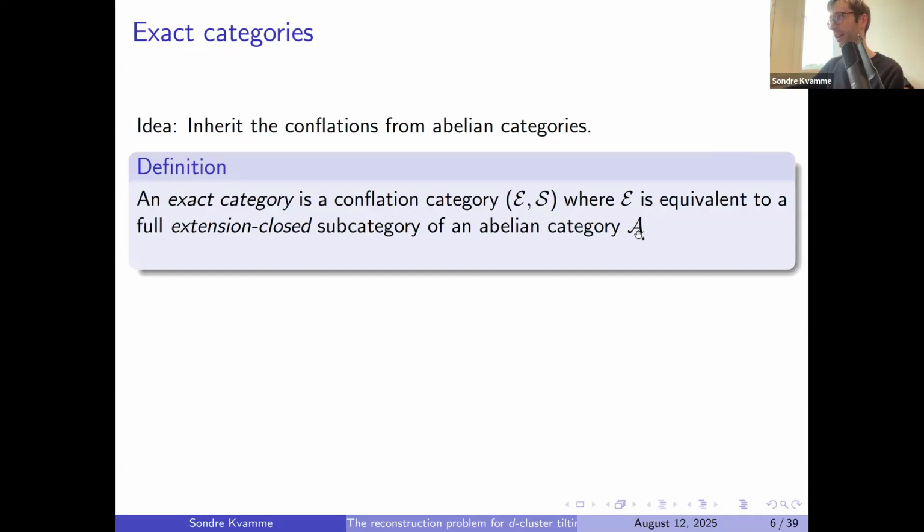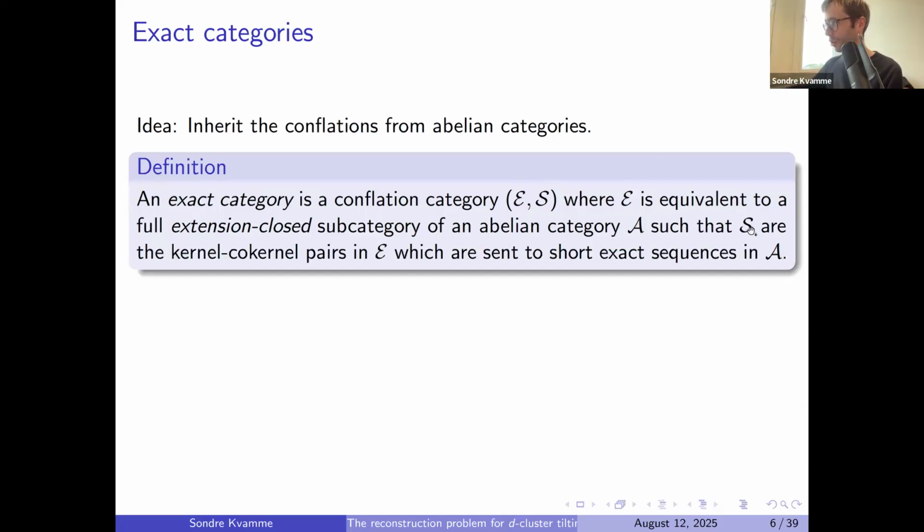There exists an abelian category A such that E is a full extension-closed subcategory of A. So this tells you something about E. Then I want to say something about S, and that is that the kernel-cokernel pairs in S, the conflations, are precisely the three-term complexes in E which are sent to short exact sequences in A.